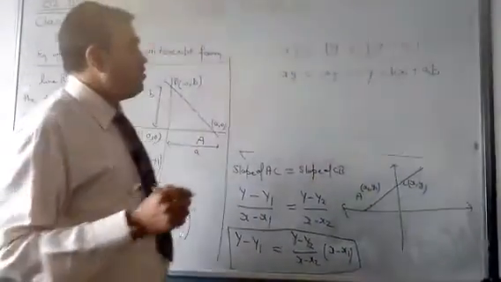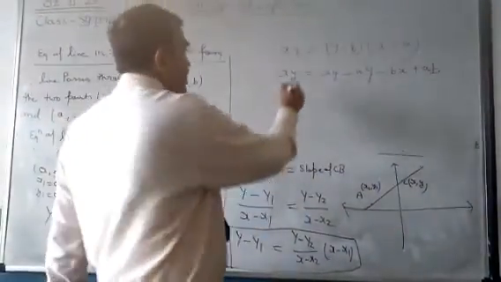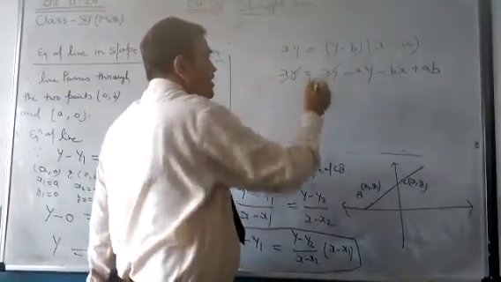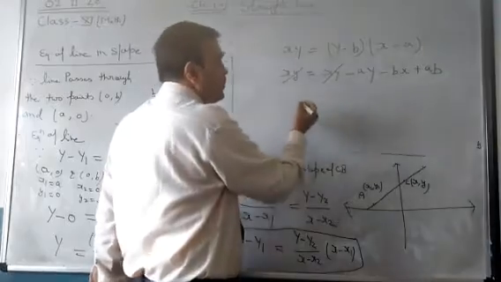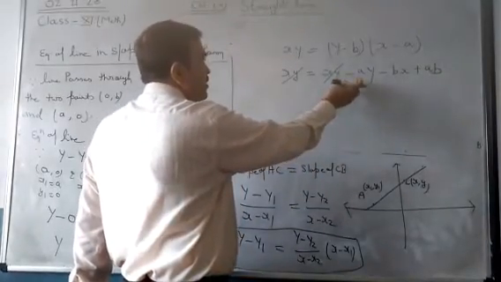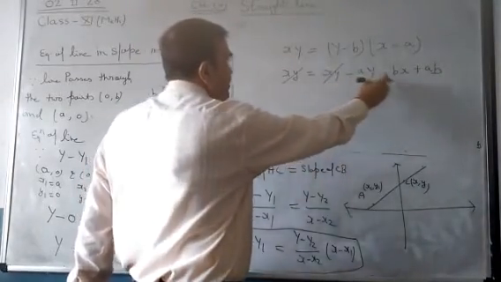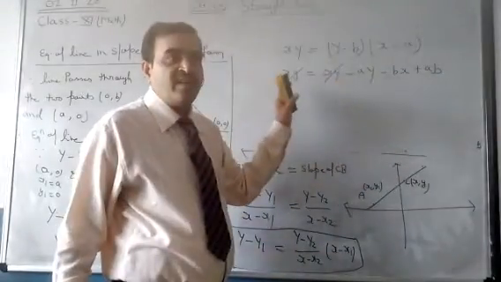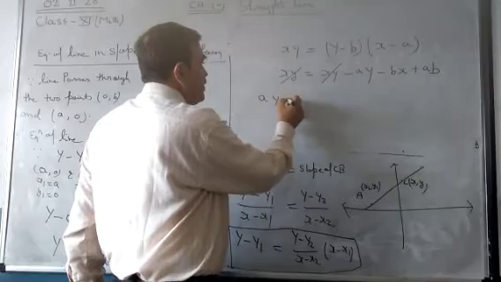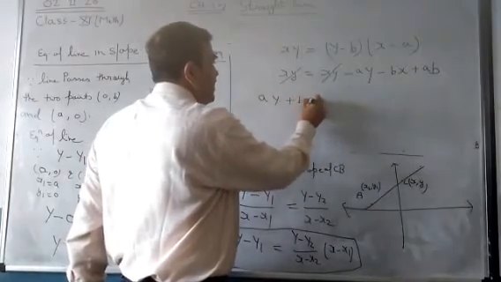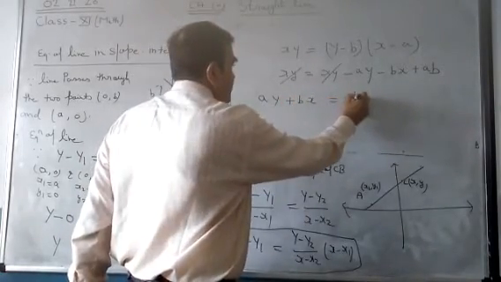Now this xy and xy cancel out, and minus ay and minus bx are sent to the left hand side. So we have ay plus bx equals ab.